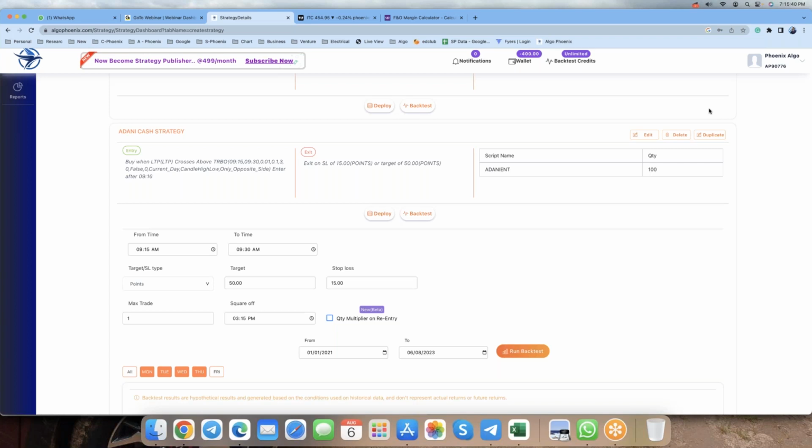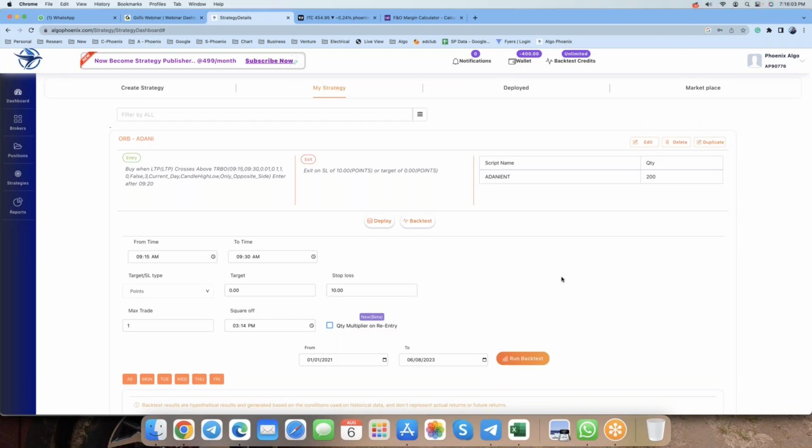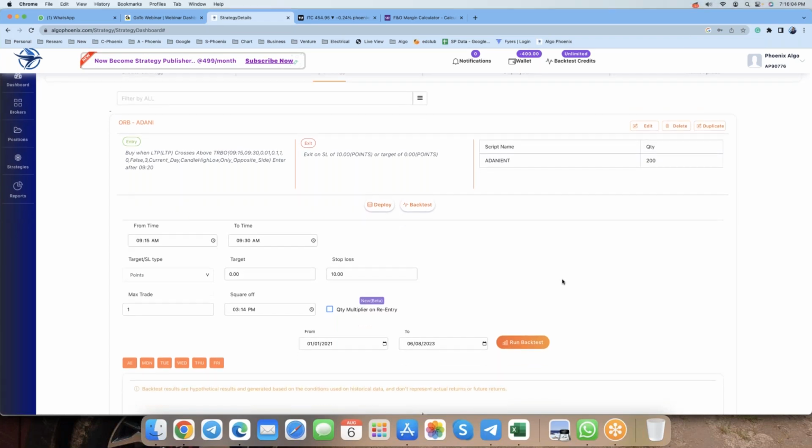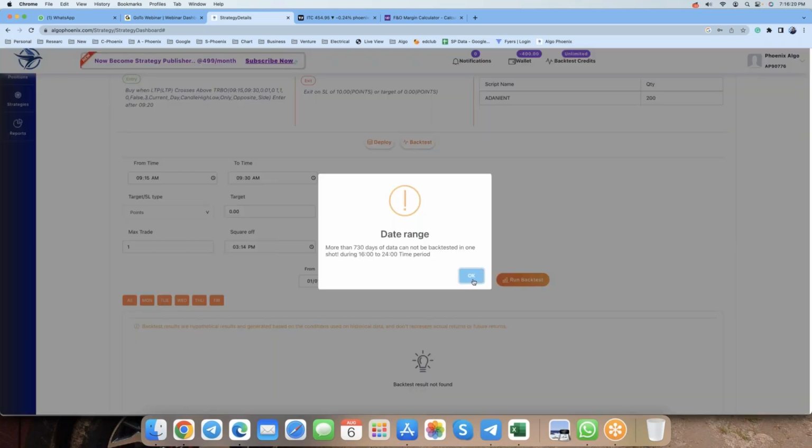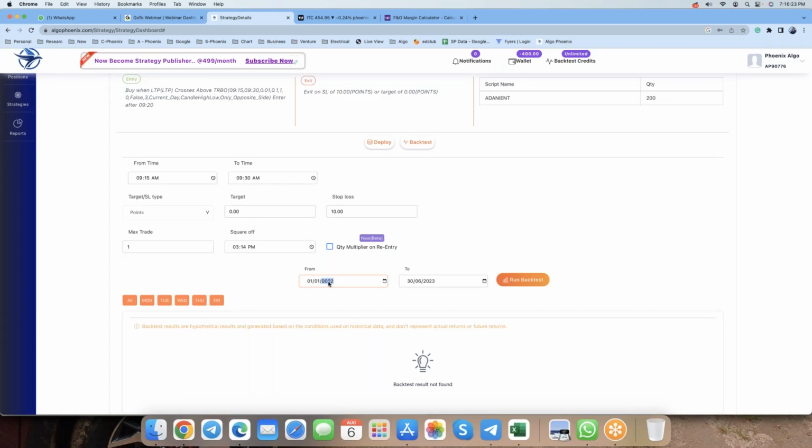So now I'm going for a back testing of this particular strategy. Maybe we cannot do a back testing for 2 years or more now. We will do it from 2022 to 2023, 1.5 years of back testing.